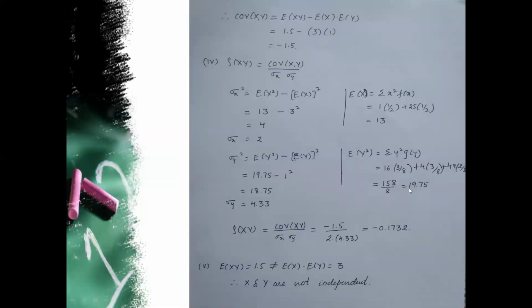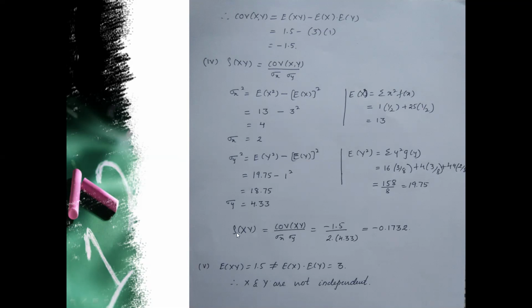Take the sum, we'll get 19.75. Now expectation of y square is 19.75. Already we have calculated expectation of y as 1, its square 1, so we'll get 18.75. So sigma y square is 18.75, sigma y is 4.33.